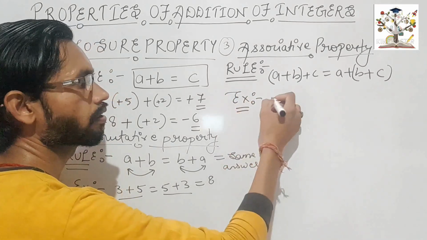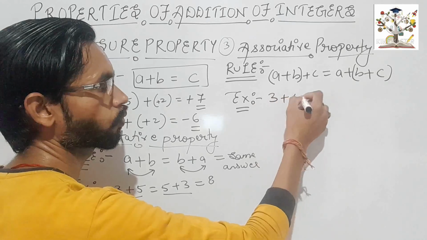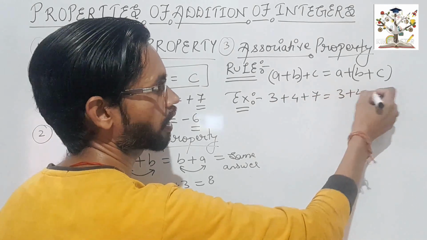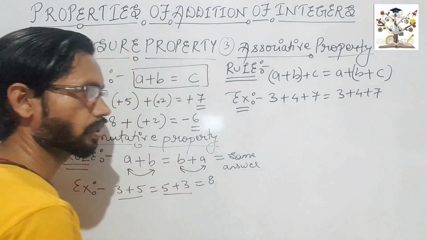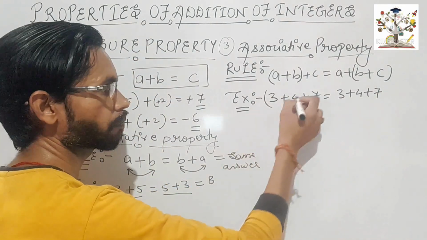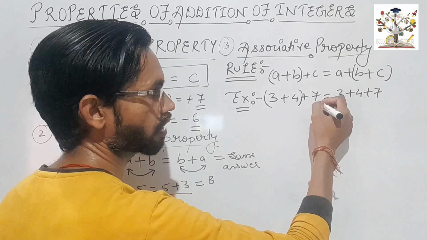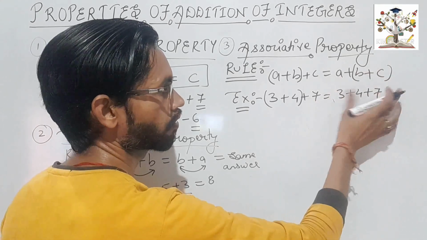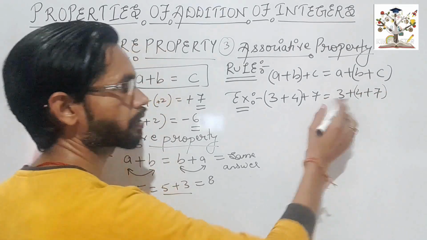Example: suppose 3 plus 4 plus 7. Suppose I'm taking 3 plus 4 in the bracket and keeping 7 outside. Then I'm writing 4 plus 7 in the bracket and keeping 3 outside.